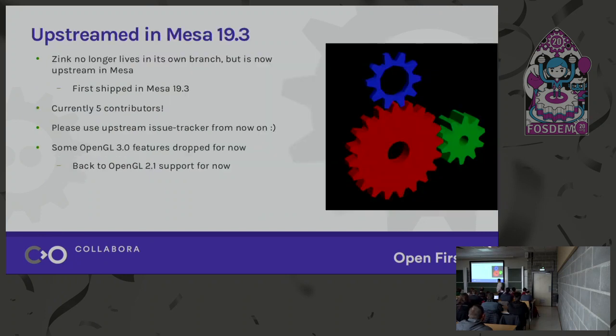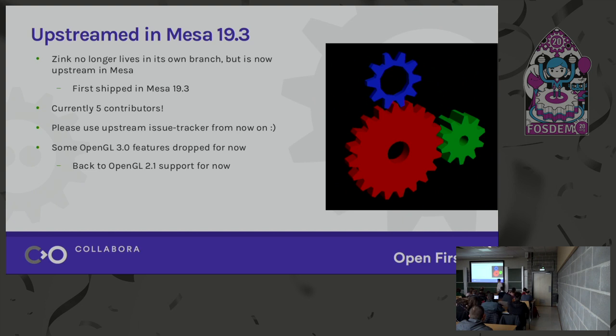So this fall, Zink got upstreamed in Mesa and became a part of Mesa 19.3. So it's no longer living in a branch. It's now shipping. It's not compiled by default, but you can enable it the same way as you enable any gallium drivers.